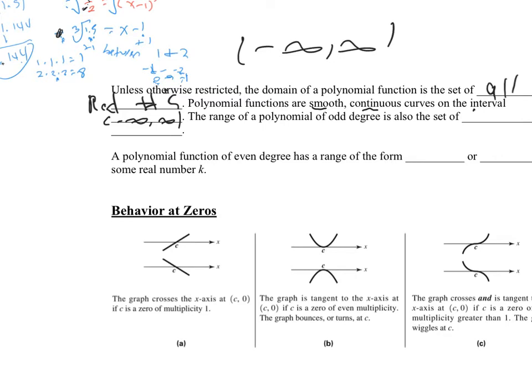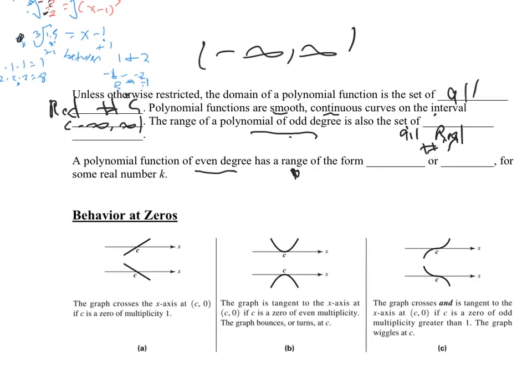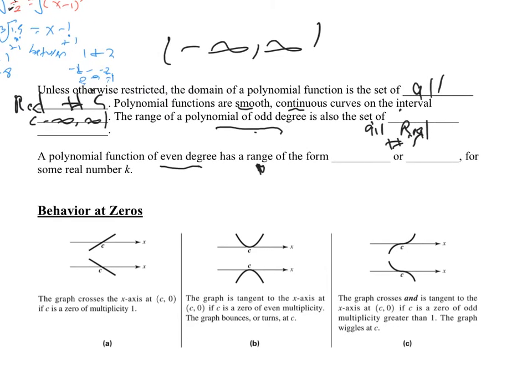The range of a polynomial of odd degree is also the set of all real numbers, because the odd degree goes from negative infinity to infinity as well. If it's an even function, the range is restricted.